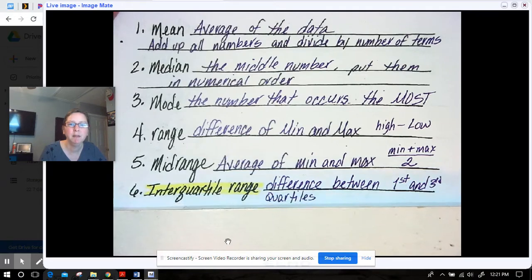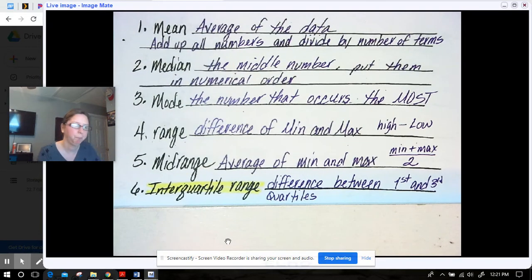And finally, the interquartile range is the difference between the first and third quartiles. And I've highlighted this because when we start discussing interquartile range, I'm going to highlight it in our data set when we're talking about it, okay?